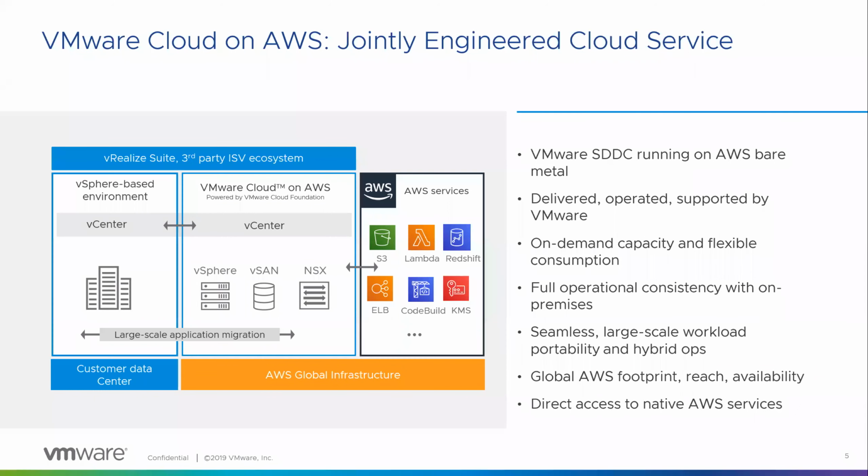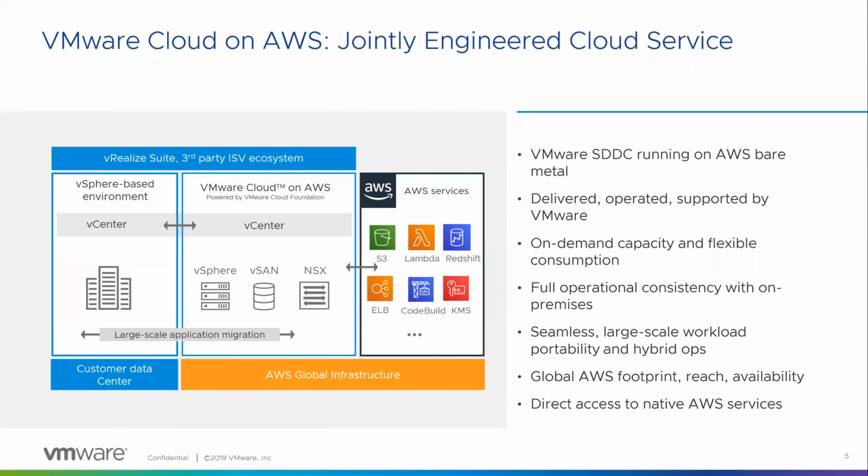We have a number of capacity and consumption options, both on demand, but we also allow, if you're willing to commit for 1 year or 3 years, we offer you discounts there. And as I said, it's vSphere, so full operational consistency.